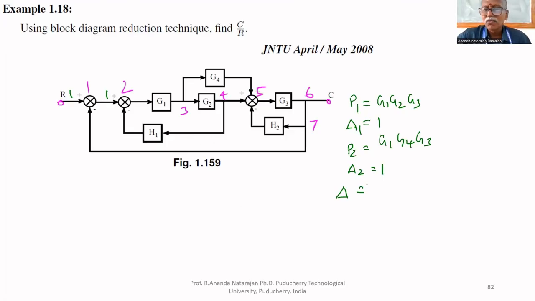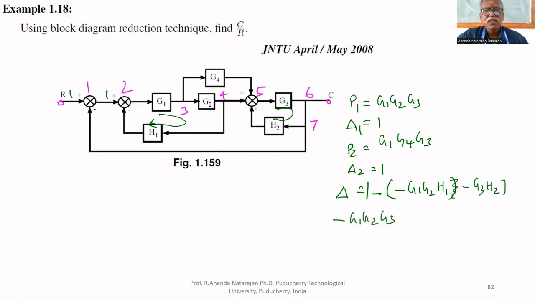Delta means 1 minus the sum of gain products of individual loops. This is one individual loop, that is G1, G2, H1, minus G1, G2, H1. This is another loop, minus G3, H2. Any other loops? One more loop is there, that is minus G1, G2, G3, minus G1, G4, G3.